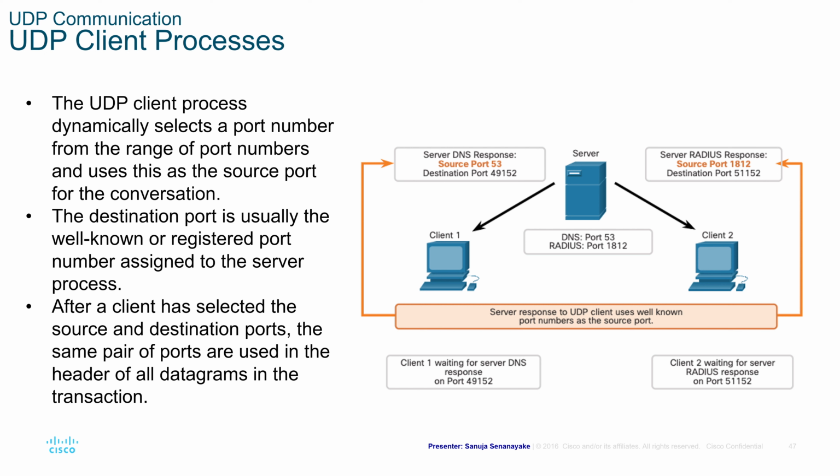And after a client has established the source and destination ports, the same pair is then used in the header of all datagrams in the transaction, so that all the data is being received between the sender and the receiver.